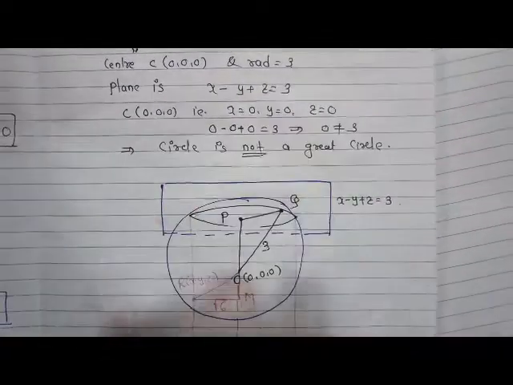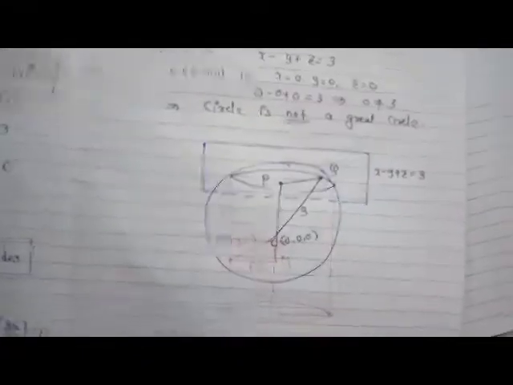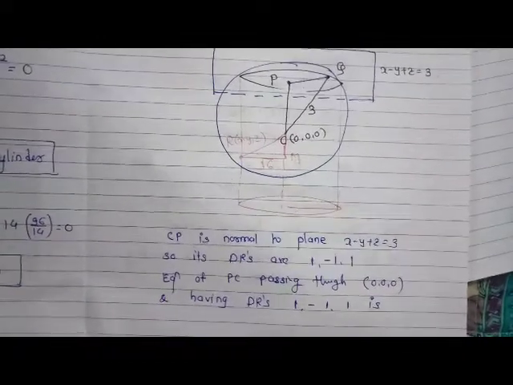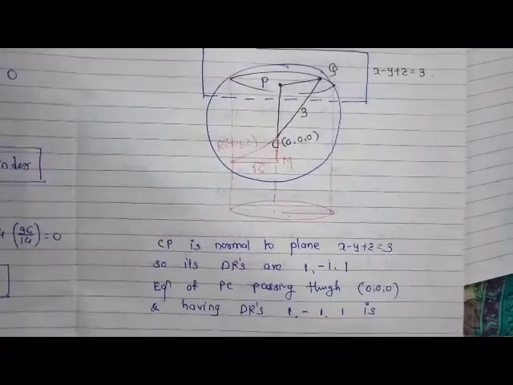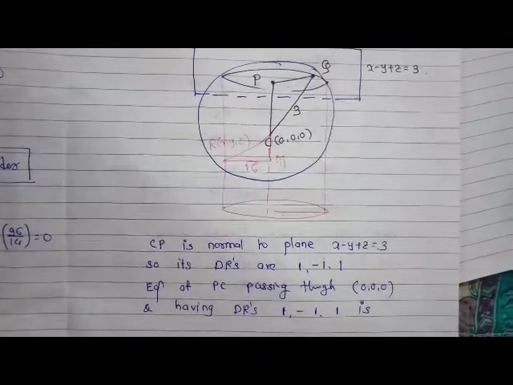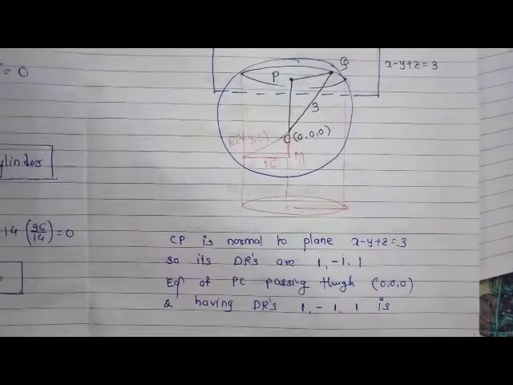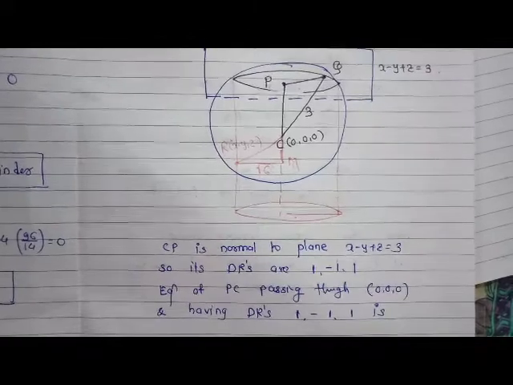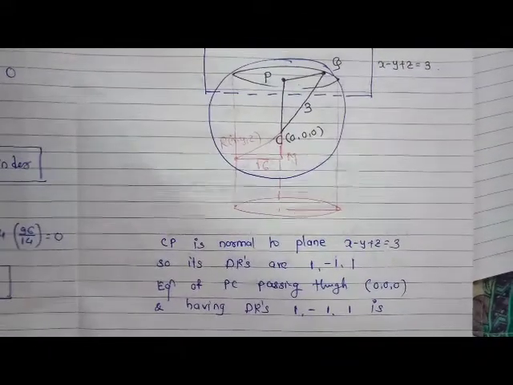Now our aim is to find the center of the circle. CP is normal to the plane x minus y plus z equal to 3. Therefore the direction ratios of the normal CP are the coefficients of x, y, z: 1, minus 1, 1. Now we want to find the equation of line PC, which is passing through the point C (0, 0, 0) and having direction ratios 1, minus 1, 1.